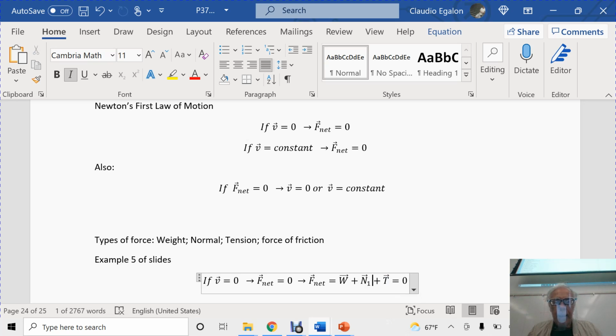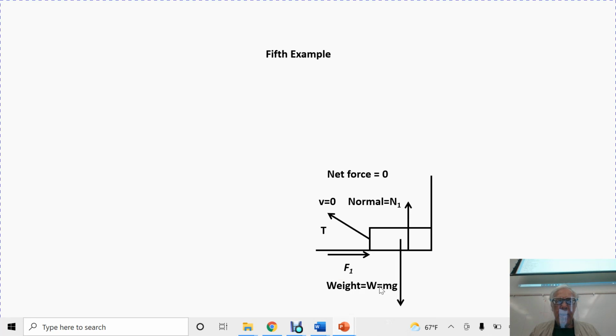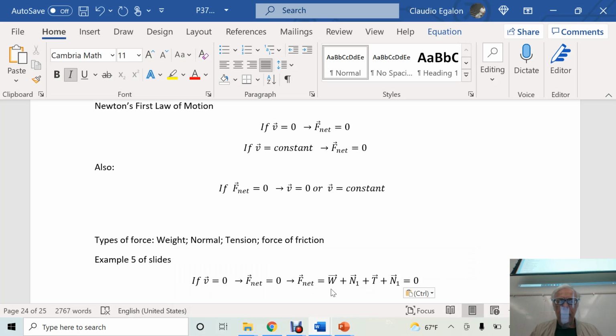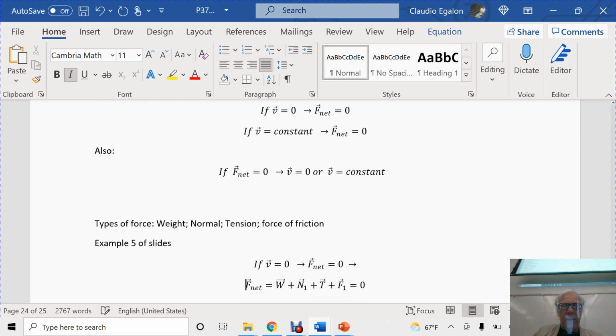And then we have this force F1 that can be a frictional force. Okay, which is still going to be 0. I'm going to put that in a different line.